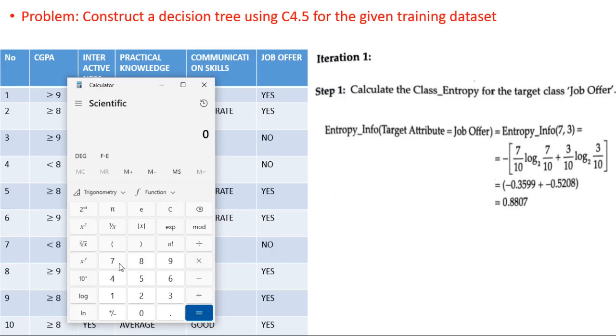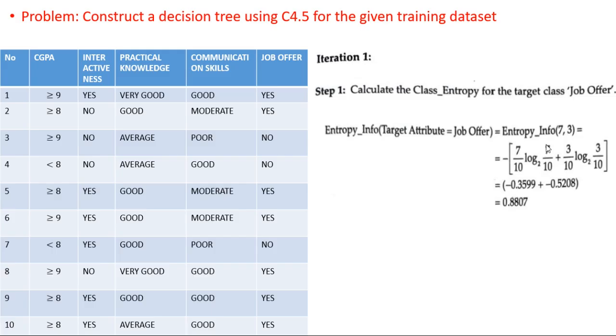So log 0.7 divided by log 2. Whatever value that you are getting, you multiply with 7 and then divide it by 10. See, you got this quantity as something which is close to this. So this is what you have to do. First find log 7 by 10, then divide it by log 2. Then your calculation would be correct. So this is the entropy information for the entire target class.